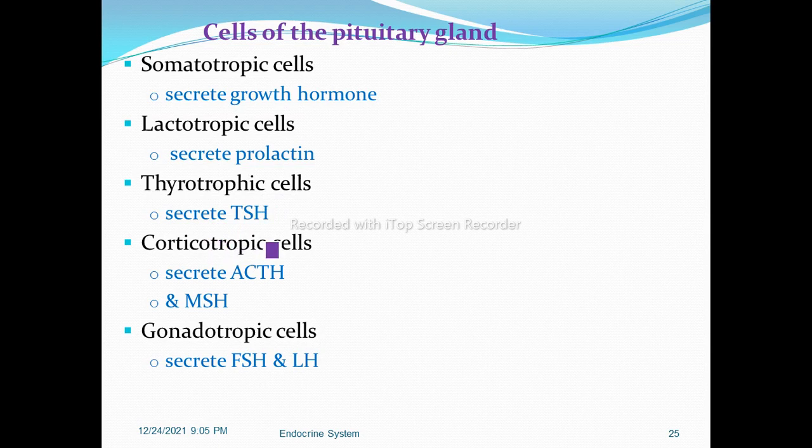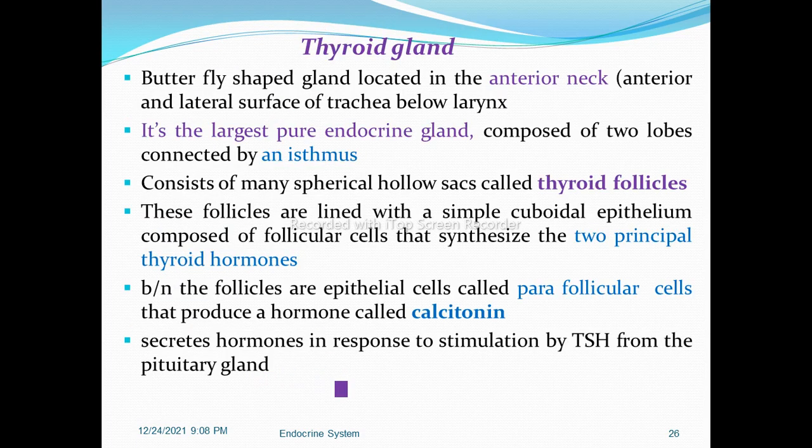The corticotrophic cells secrete adrenocorticotrophic hormone and melanocyte stimulating hormone. The other is gonadotrophic cells, which are responsible for secreting follicle stimulating hormone and luteinizing hormone.